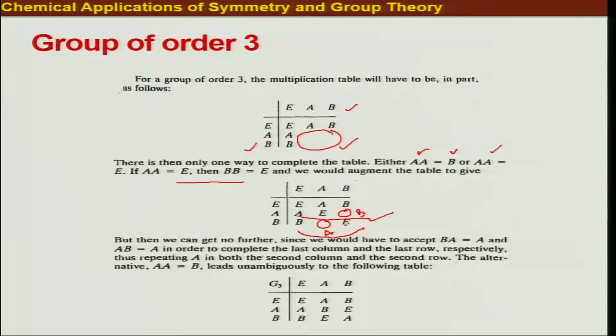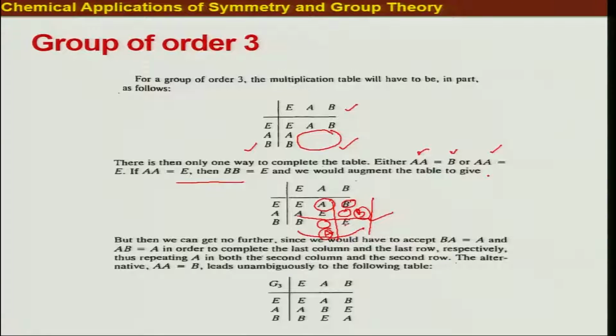Now that will lead you to a problem, because this satisfies the row condition, that is no two elements of this row are the same. But when you look at the column side, you have a repetition of the same element. In the second one you have A twice, while here you have B twice. That is completely disallowed. So that means we cannot have a condition which is AA equals E or BB equals E.